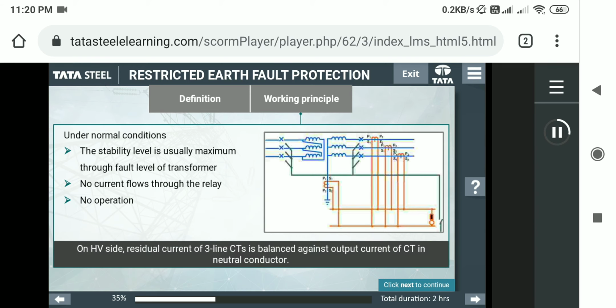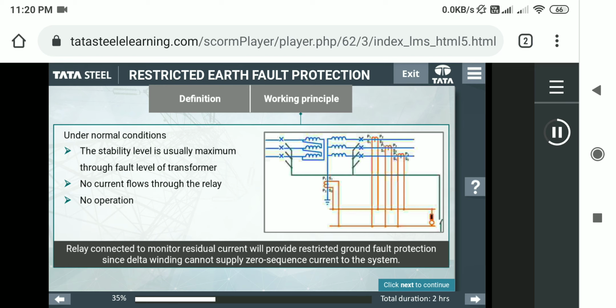On HV side, residual current of 3 line CTs is balanced against output current of CT in neutral conductor. For LV side, ground faults occurring on delta winding may also result in fault current of less than full load. HV overcurrent relays cannot provide adequate protection.